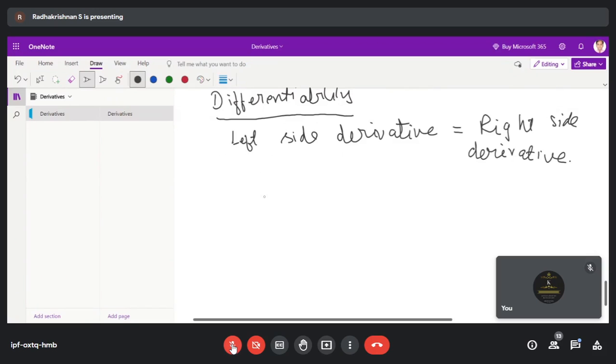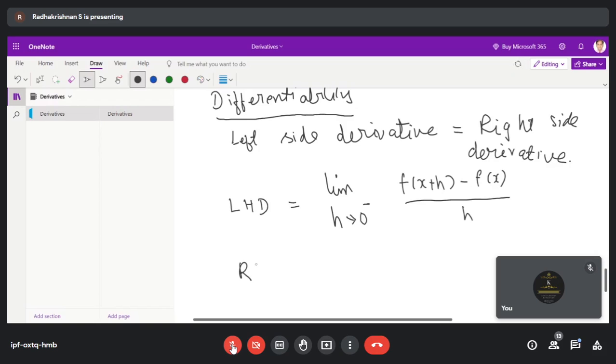I'll write down the formulas. The left hand side derivative is the limit as h tends to 0 minus. Similarly the right hand side derivative is the limit as h tends to 0 plus.